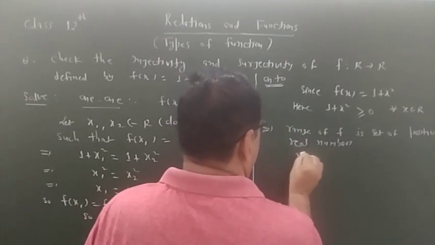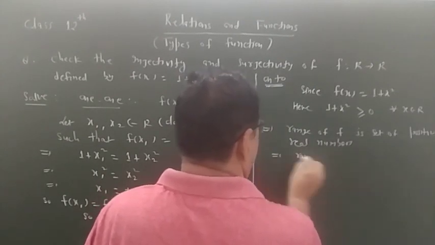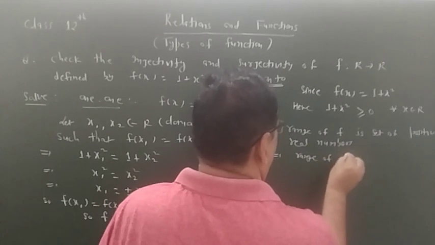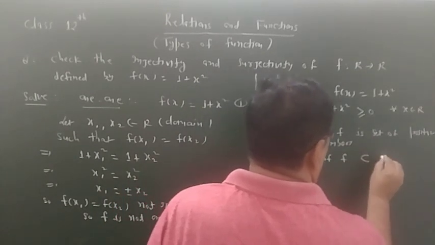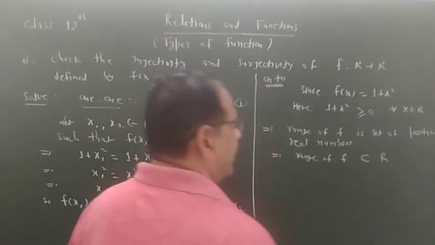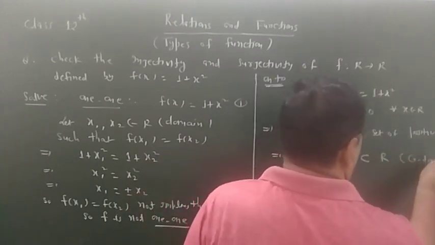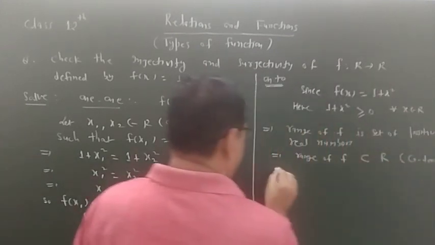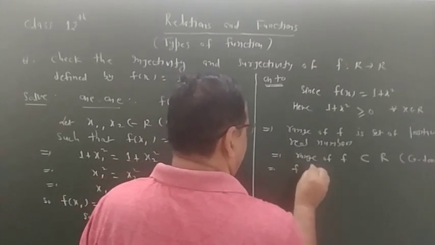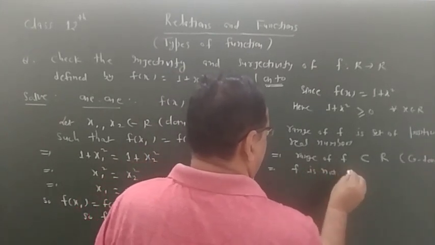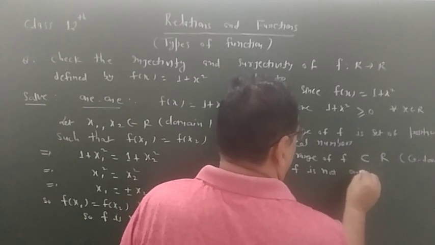That means this implies that range of f is proper subset of set of real numbers. This implies that f is not onto.